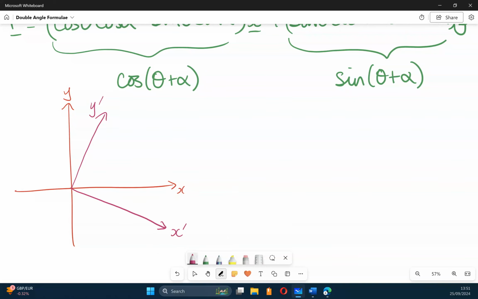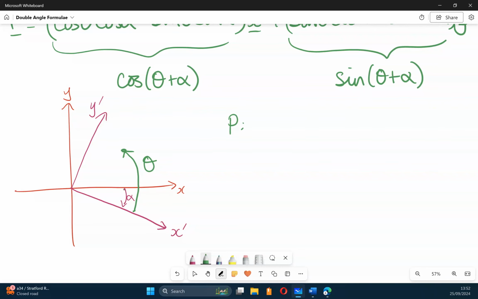And what I'm going to do is for my point P, I'm going to define the angle theta now to be from the x prime axis. And I'm still going to keep this angle, so I'll draw it in a consistent color. Call this angle of x prime to alpha, alpha in the clockwise direction. So this point P here.